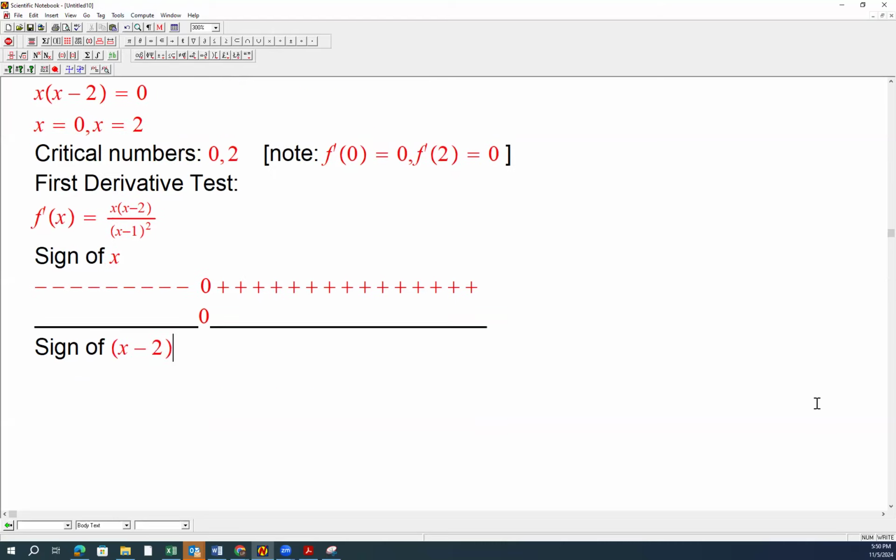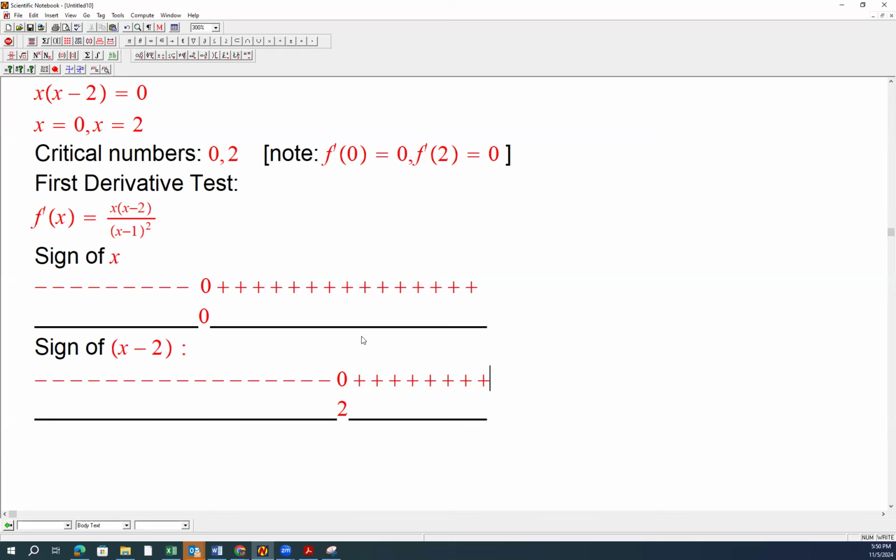So relative to 0, 2 should be somewhere here. And for x less than 2, x minus 2 is going to be negative. At 2 is going to be 0. That means it's a critical number. And above 2 is going to be positive.